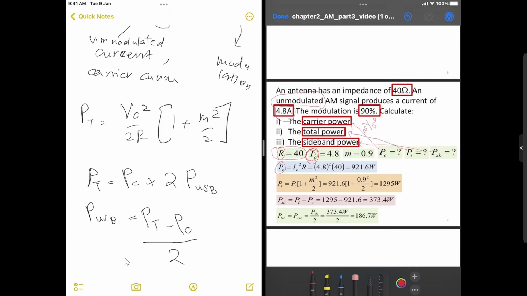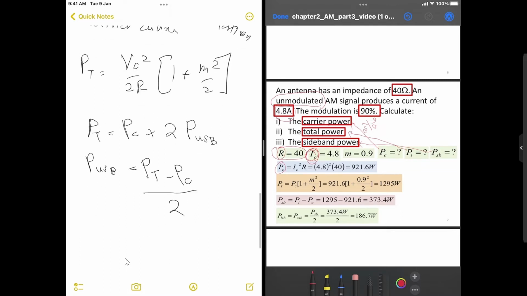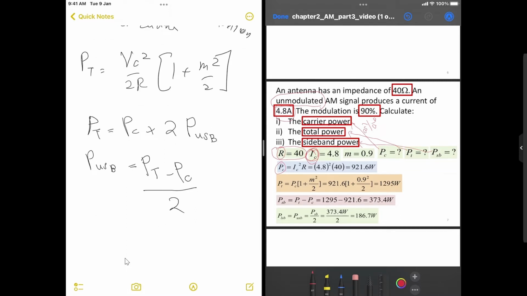So you can use that equation to get the sideband. Just substitute, then you get the answer. The sideband power can also be calculated using m squared. PUSB is equal to m squared over 4 PC.